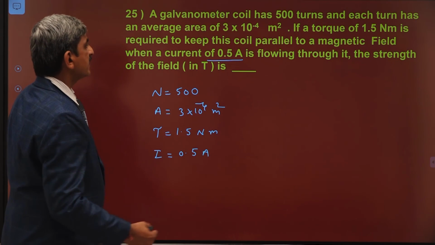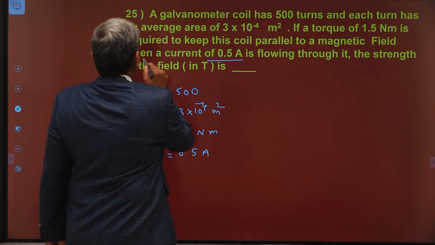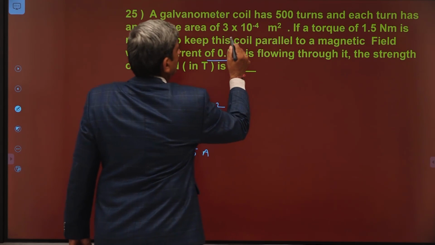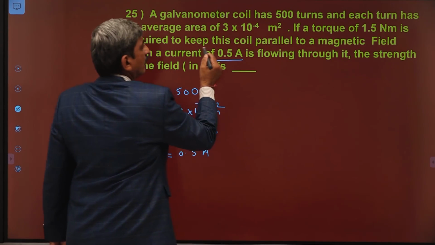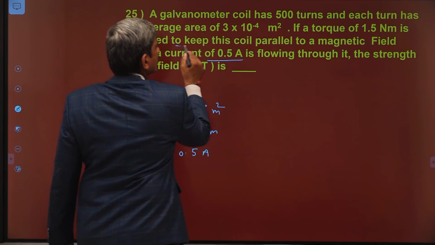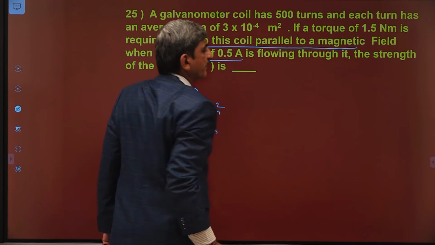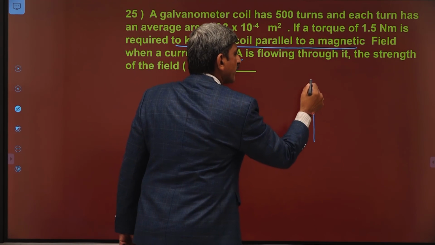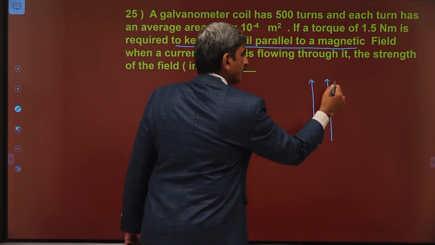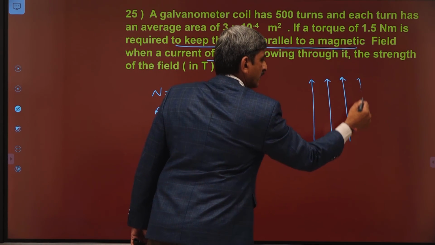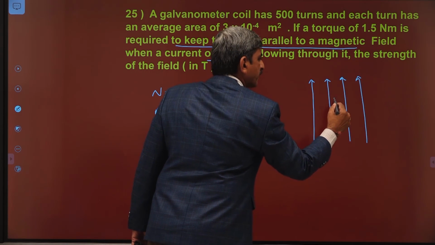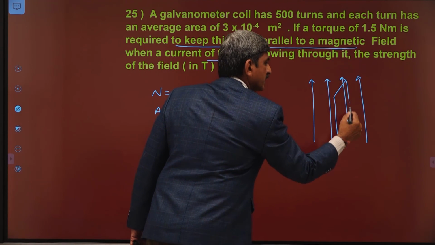And how it is placed? If a torque of 1.5 Newton meter is required to keep this coil parallel to the magnetic field, that means if suppose this is the magnetic field, then the coil is placed parallel to the magnetic field like this.